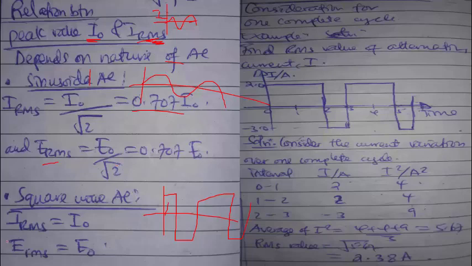But for square wave, the root mean square and the peak are the same. The root mean square voltage and the peak voltage or EMF is the same. So we should therefore see how we can calculate the root mean square current for square waves. For sinusoidal, no, there is no problem.